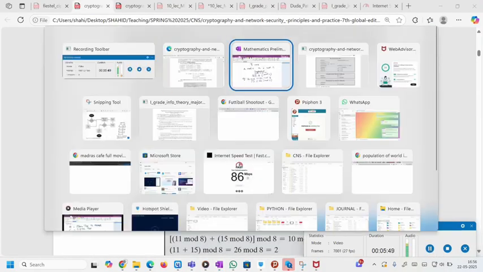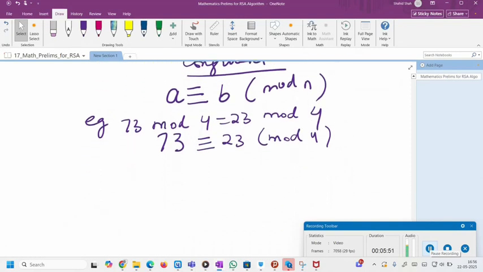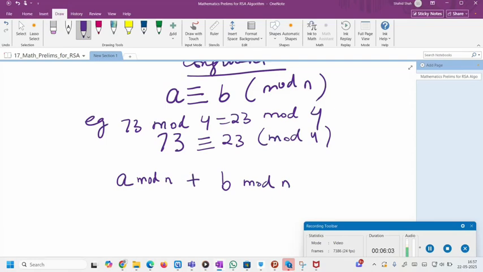Also, we have done this in the class. I will recap it. If you have two numbers a and b, and you do a modulo n and b modulo n, whether you add them, subtract them, or multiply them, we take one more modulo n of the whole.